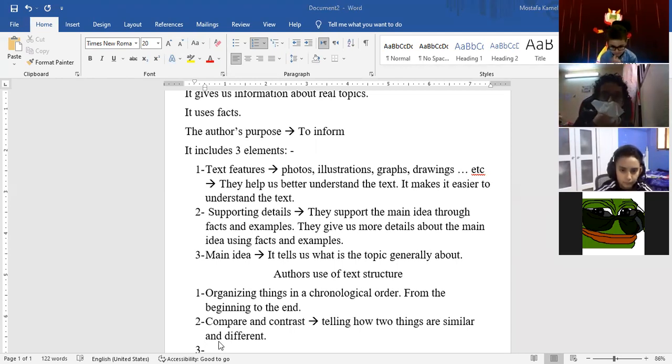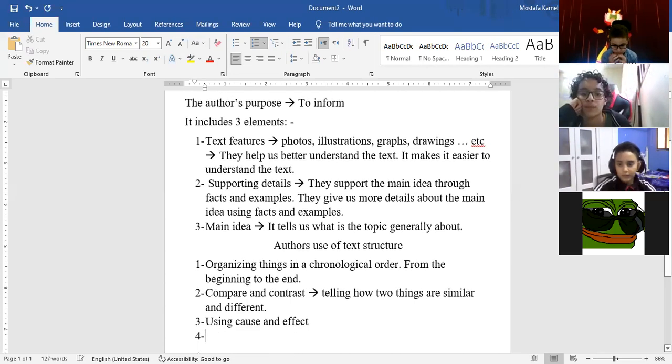The third thing is using cause and effect. And the fourth thing is, who can say it?